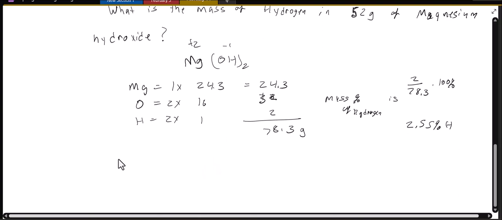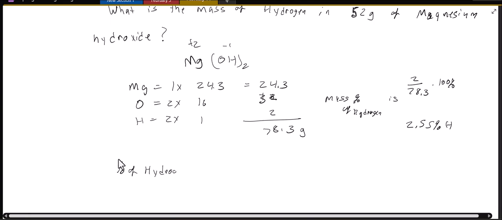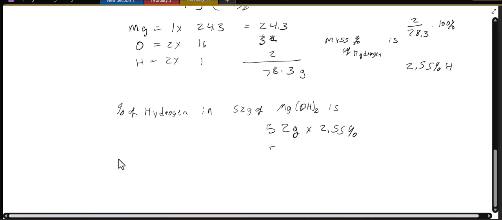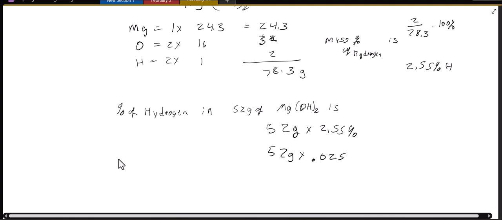So to find out the answer to the question, the mass of hydrogen in 52 grams of magnesium hydroxide is 52 grams times 2.55%, which is 52 grams times 0.0255.